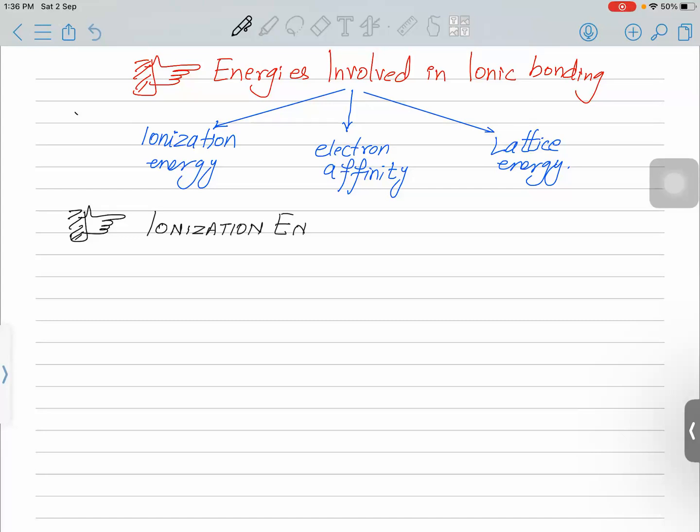Now Isa, define what is ionization energy. It is when an atom in a gaseous state loses an electron and becomes an ion. This definition has 3 marks.